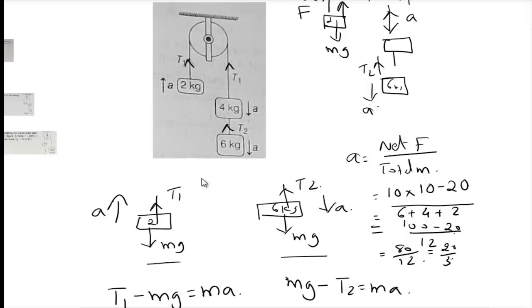There you also need to consider the force acting in the opposite direction. Here the total force is acting in the same direction, acceleration downwards. So total mass is 10 into acceleration. Here the upward direction we need to take as negative. Okay, clear children? So this is how we will be solving and finding the values.